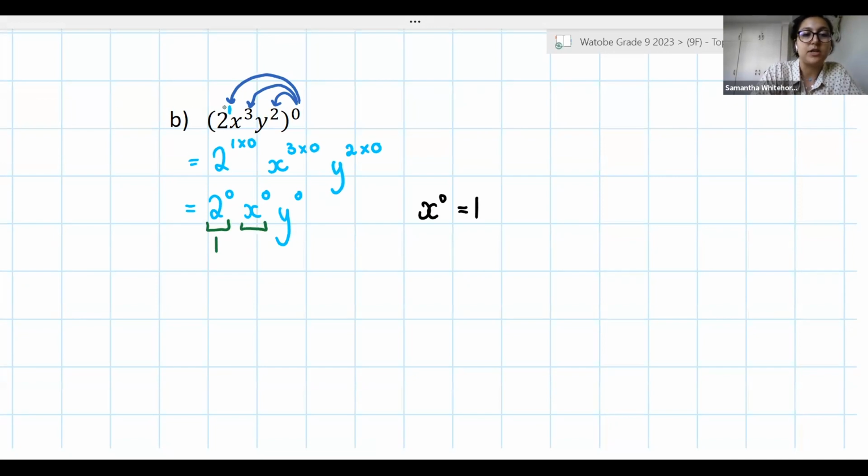This x to the power of 0 has a value of 1. And this y to the power of 0 has a value of 1. Now, if you are just saying 1 times 1 times 1, all you have left is positive 1. And so because all of those bases are to the power of 0, all of them have a value of 1. And so our answer at the end is just 1.